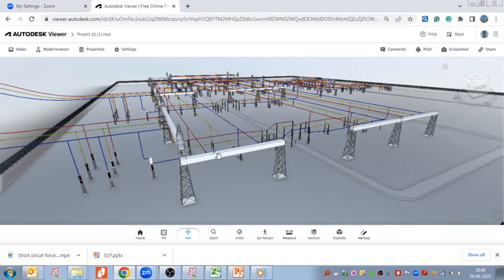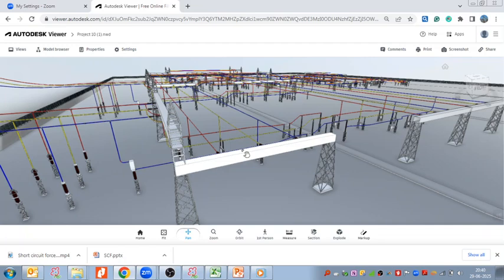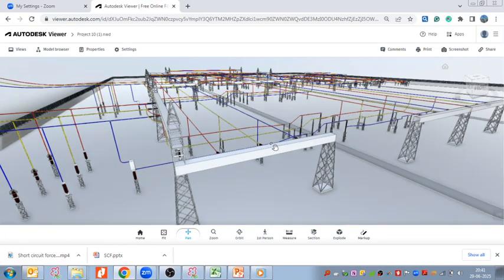But if we do any industrial project, or any renewable based project, maybe a solar or wind power plant, in that case these calculations for the tower and gantry need to be performed by the civil structural engineer.